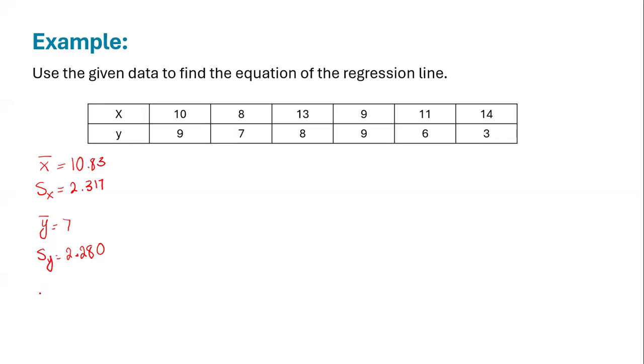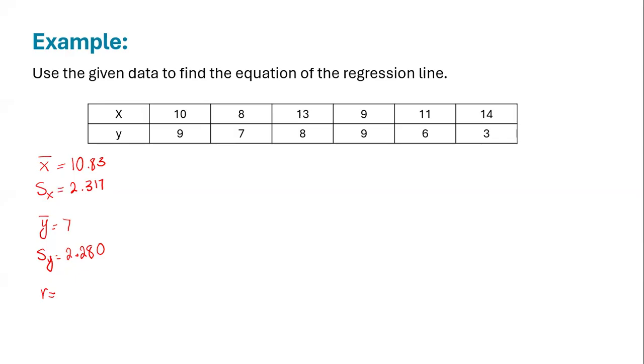Then you also need to know the R. And if you remember the formula for R, that was a huge formula, which needed all of the x values, y values, squaring them, adding them, then multiplying them, adding them. That had a lot of steps to find R. You can work it manually, but I recommend you always use online calculators or TI calculators.